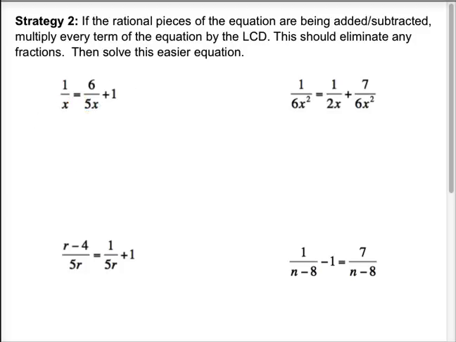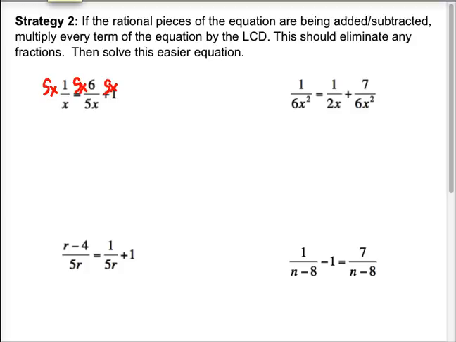All right, now what that means is in this case, I'm going to have to multiply everything by 5x. I'm going to multiply every piece of this equation by 5x, because that's my least common denominator. That'll remove everything from my denominators. So let me show you.